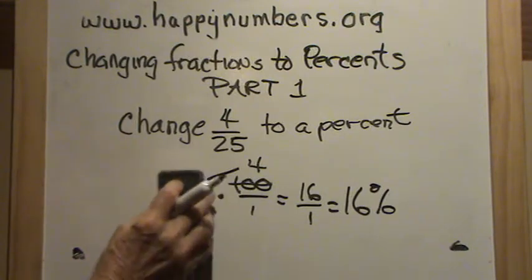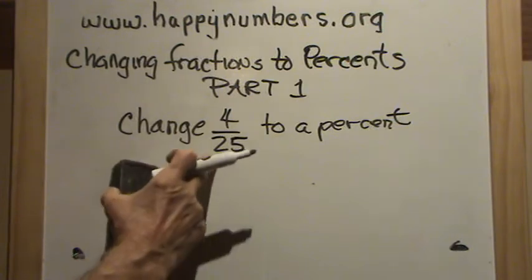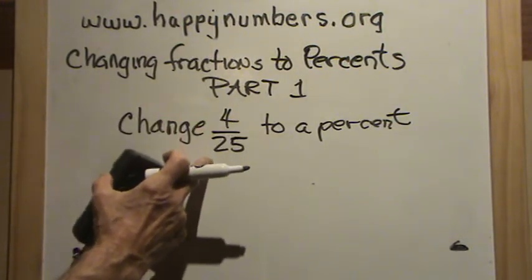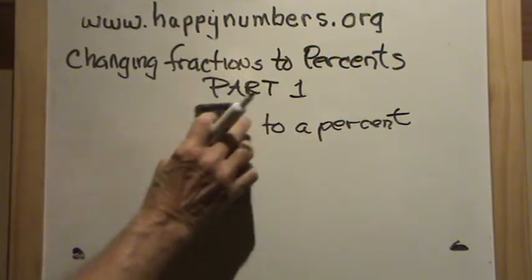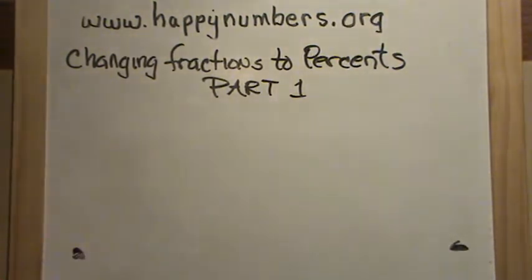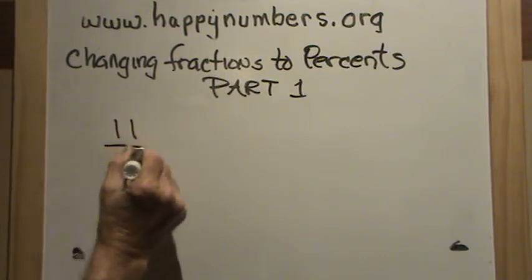So this is a very simple skill set. When the denominator of the fraction will go evenly into 100, you can change the fraction into a percent by multiplying by the whole number, 100. I'm going to put a couple of problems up here for you to do. Let's have you do 11/20ths.